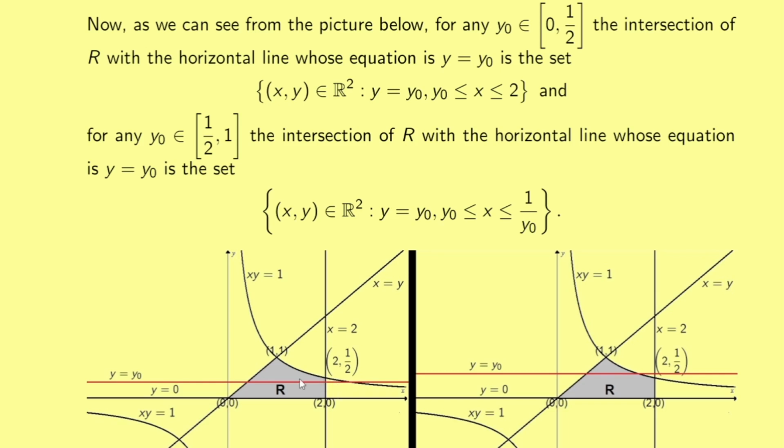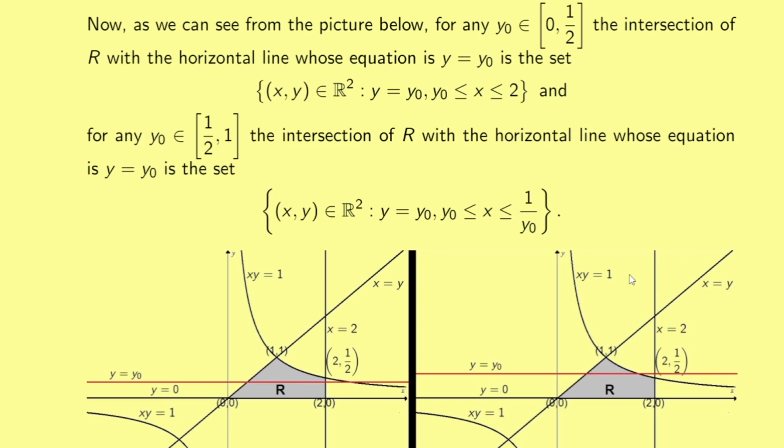So we can describe the intersection of this red line with this region as I have written up here: the set of points (x, y) where y equals y0 and x is greater than or equal to y0 and less than or equal to 2.